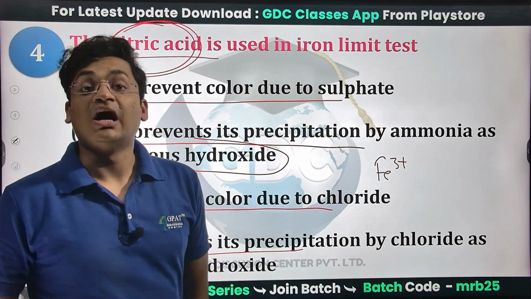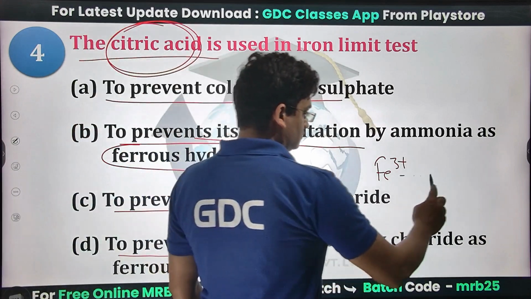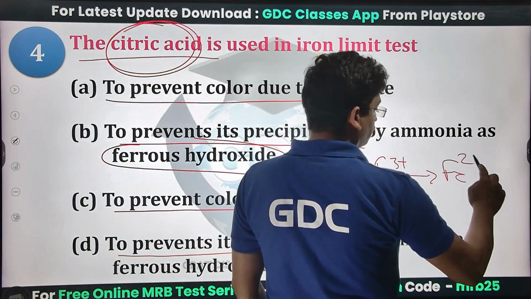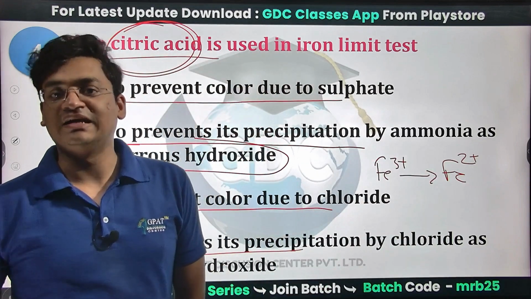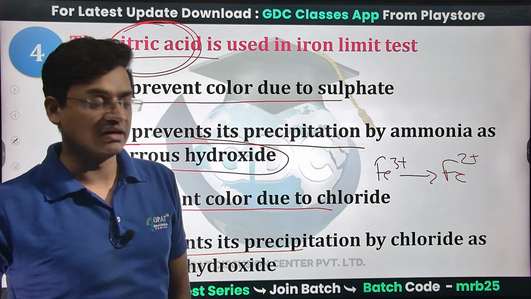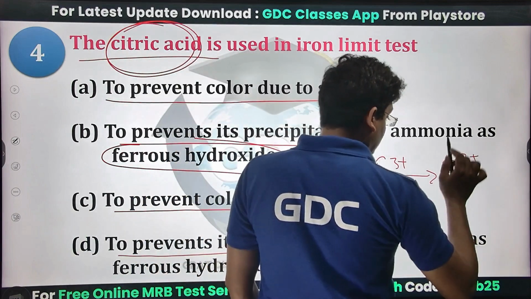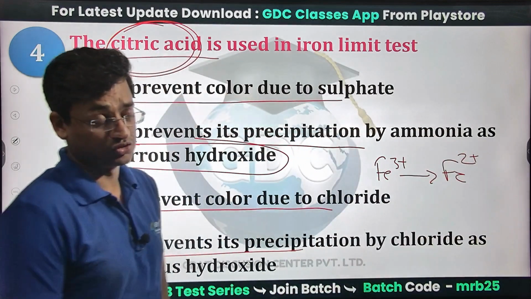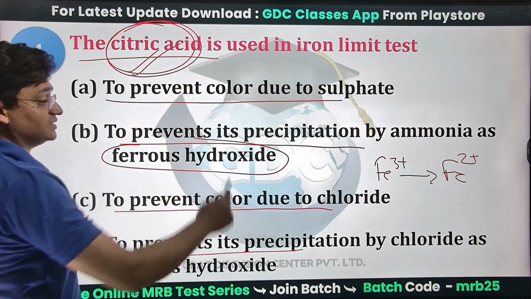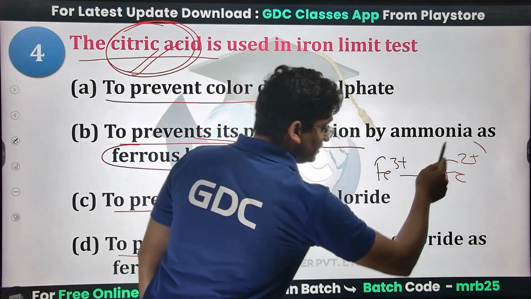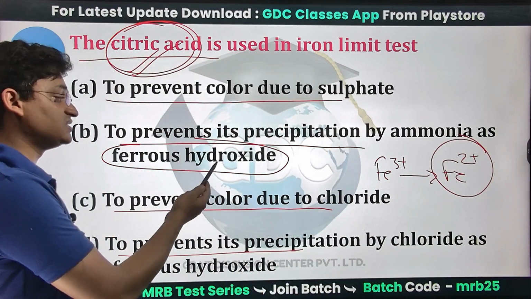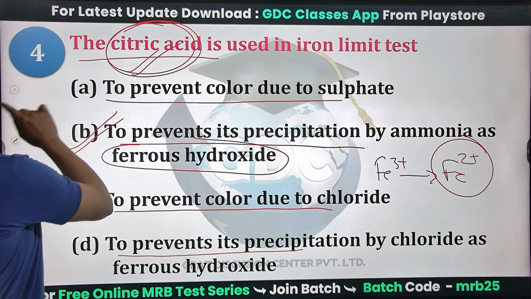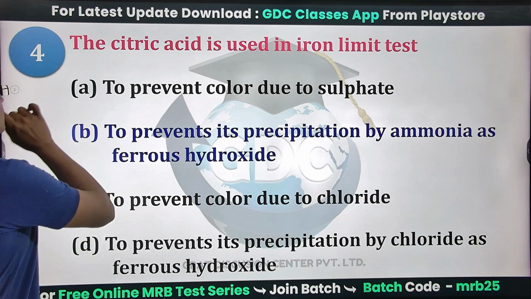By the use of thioglycolic acid, we convert it into Fe2+, that is ferrous ion, and we also add ammonia to make the medium alkaline. Ammonia can react with this Fe2+, so we use citric acid to prevent the Fe2+ reaction with ammonia in the form of ferrous hydroxide. So B is the right answer.